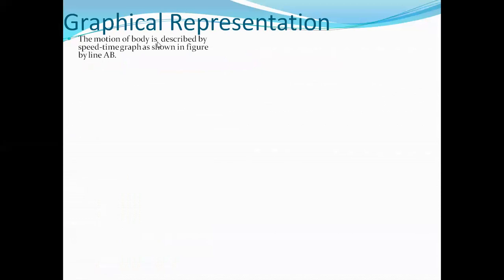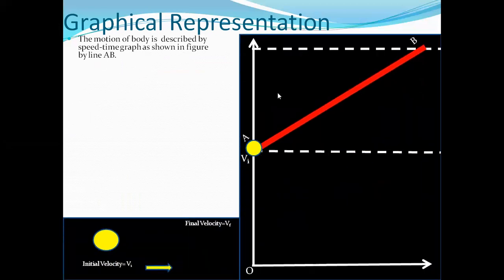The motion of a body is described by the speed-time graph as shown in figure AB. This is a graph and here is the body at point A with the initial velocity Vi, and it will go to point B. This is the initial velocity, it has to come over here.